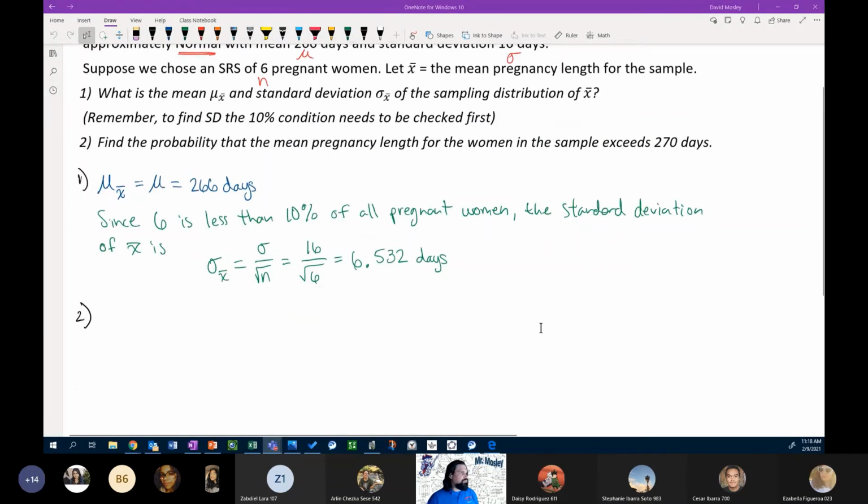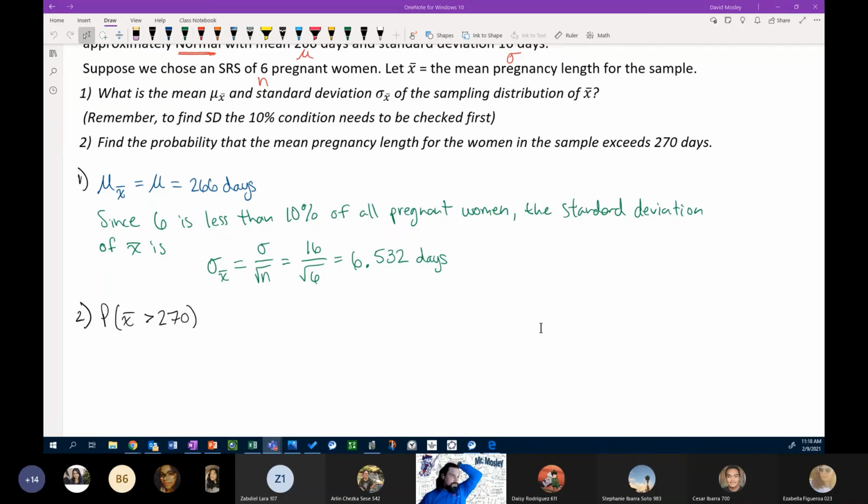Question 2 now. Find the probability that the mean pregnancy length for the women in the sample exceeds 270 days. All right, so we want to find the probability that x bar is greater than 270.